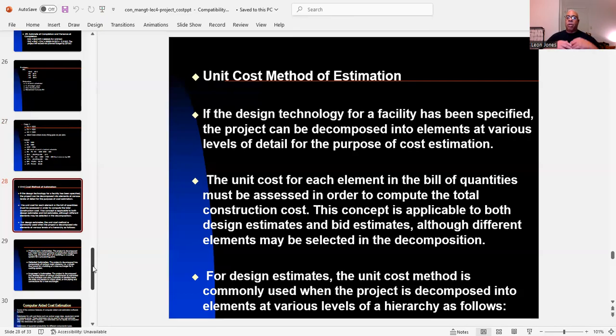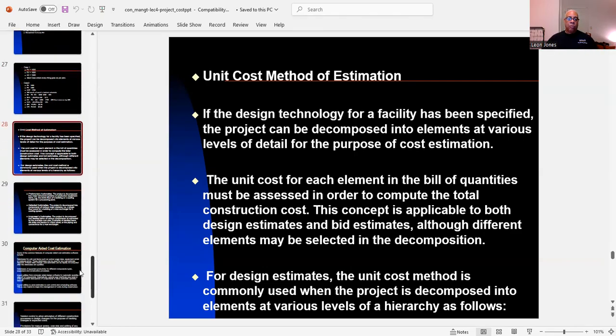Now, the concept is applicable to both design estimates and bid estimates, although different elements may be selected in the decomposition. Now, for design estimates, the unit cost method is commonly used when a project is decomposed into elements at various levels of hierarchy as follows.